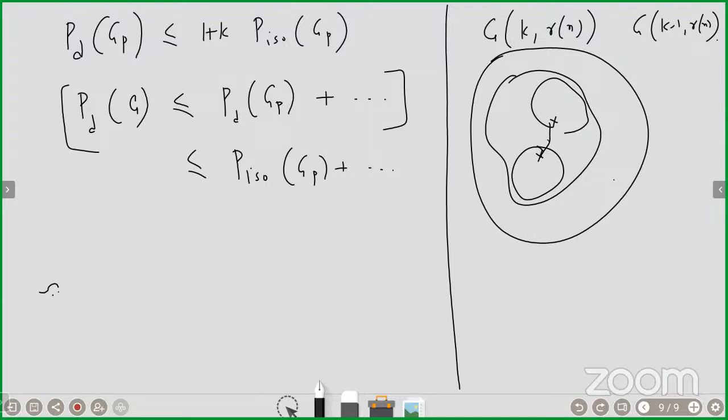What's the relationship? PD of G of K comma R. Let me write this.